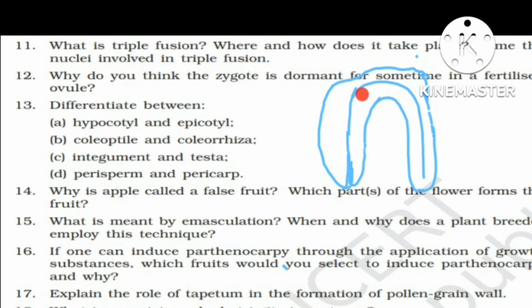The part of the embryonal axis which is just above the level of attachment of the cotyledons is called epicotyl. That tissue will later form the shoot. They will form the plumule and the shoot of the plant.